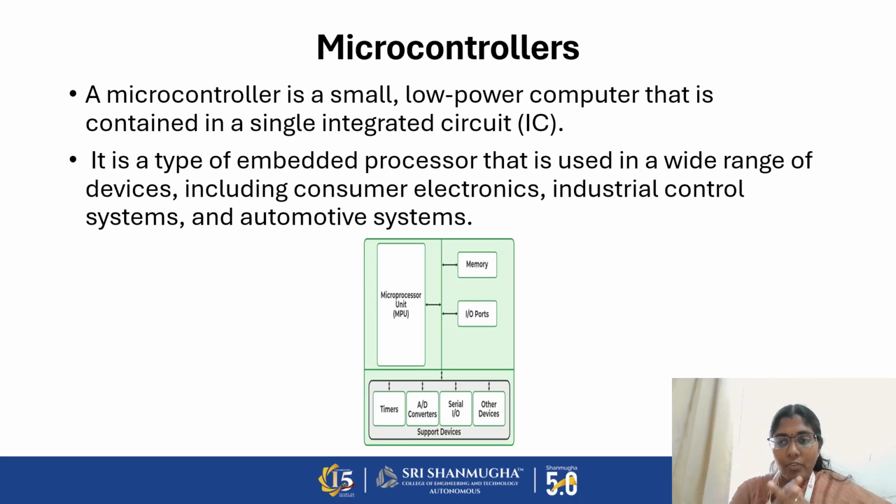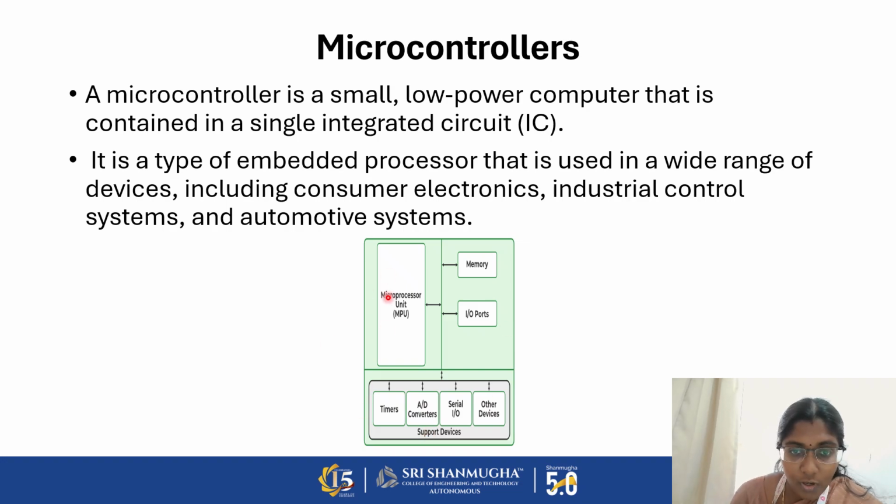Our next type of embedded processor is the microcontroller. A microcontroller is a small, low power computer that is contained in a single integrated circuit. This is nothing but the combination of a microprocessor and other peripheral devices. You can look at the block diagram of your microcontroller.